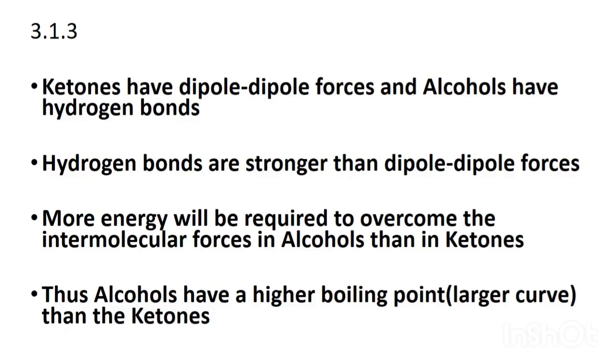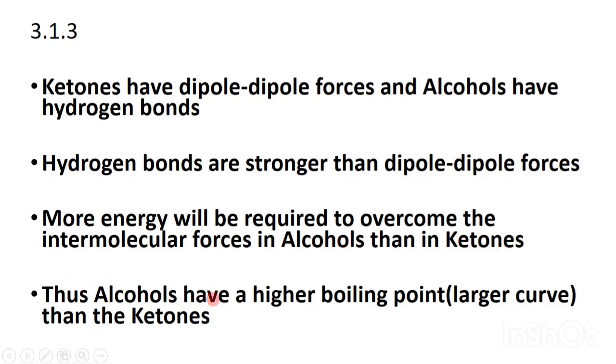Let's explain that one. We say ketones have dipole-dipole forces, but alcohols have what? Hydrogen bonds. Now, hydrogen bonds are stronger than dipole-dipole forces. That means more energy will be required to overcome the intermolecular forces in alcohols than in ketones.